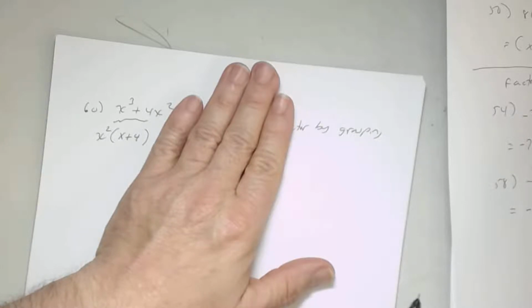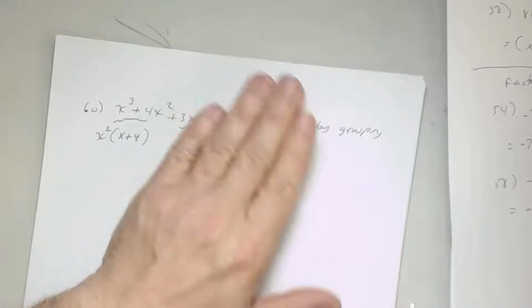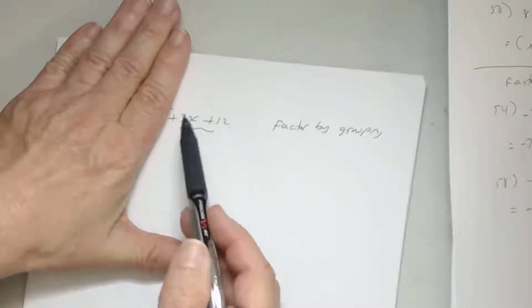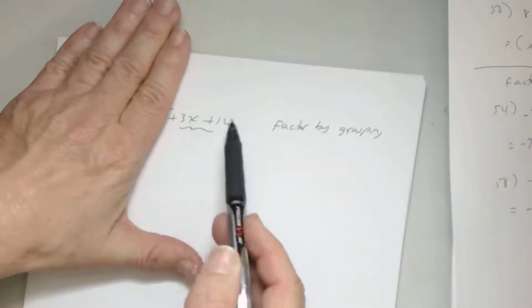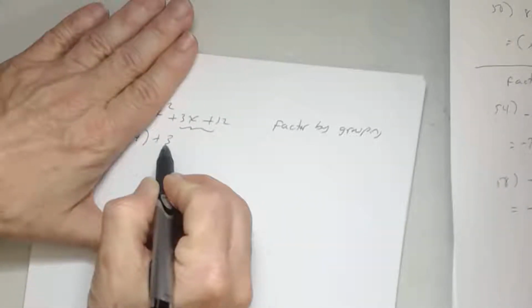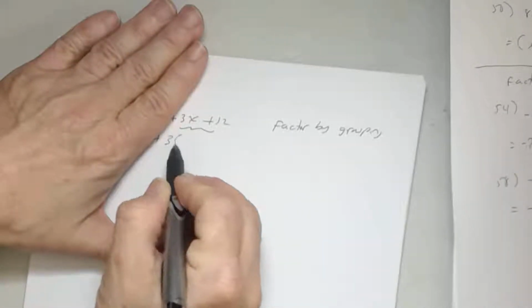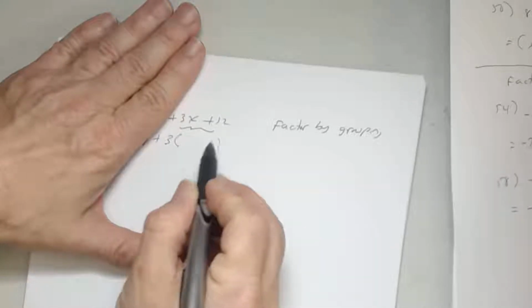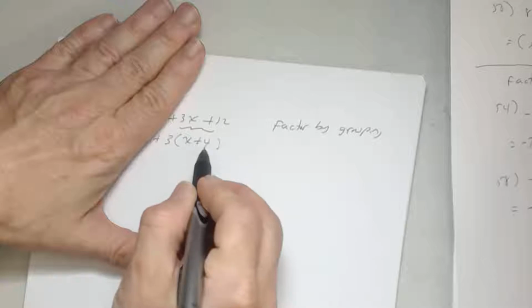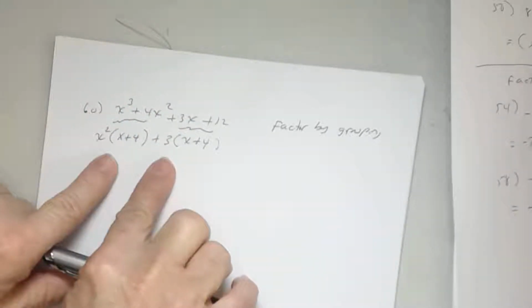Now, I'm going to cover up that first group. And now I'm going to look at the second group. What's the GCF of the second group? 3. So I'm going to factor out a plus 3. And then you're going to ask yourself, 3 times what is 3x plus 12? And does that kind of look like what we did a while ago?